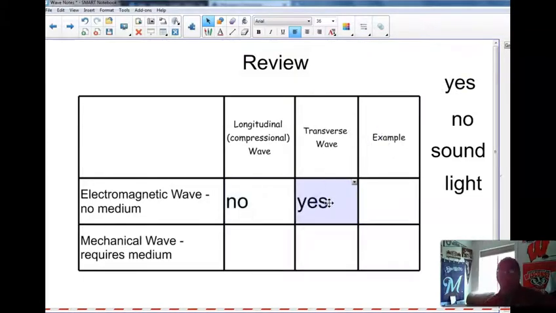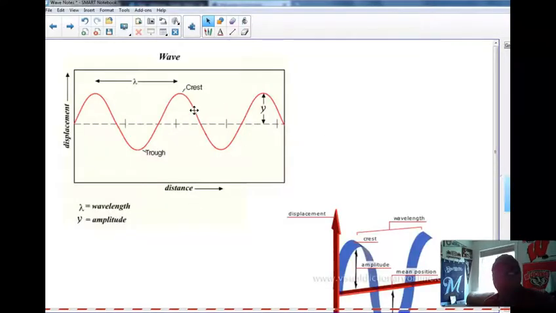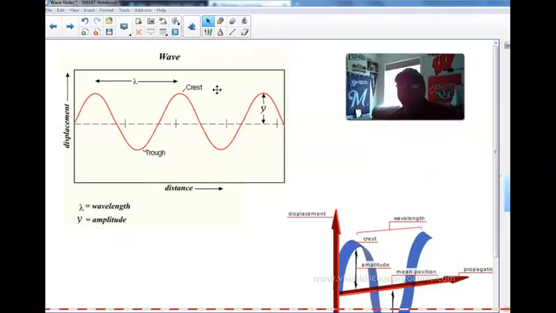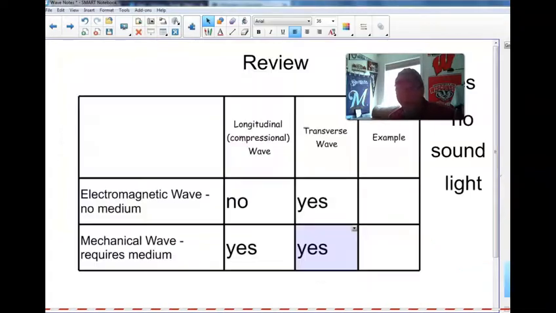As a matter of fact, all those electromagnetic waves, gamma rays, X-rays, ultraviolet waves, all those are great examples of transverse waves. A mechanical wave, on the other hand, can be longitudinal and it can be transverse. So for electromagnetic, this is the only kind of wave you can have. That's it. There is no other kind of wave that you can have that's electromagnetic. An electromagnetic wave is a transverse wave all the time.